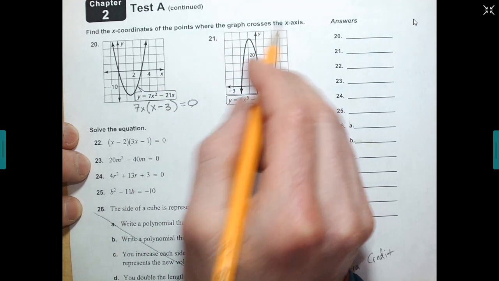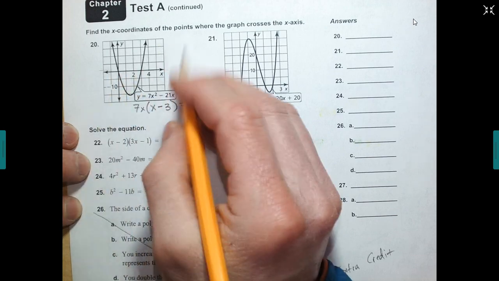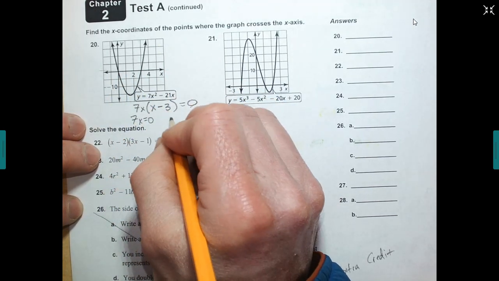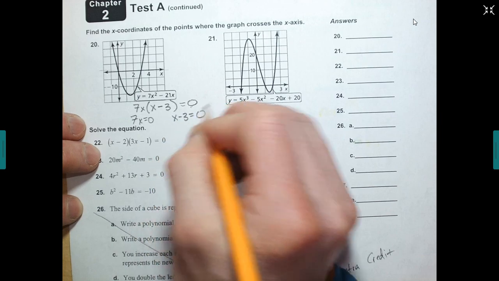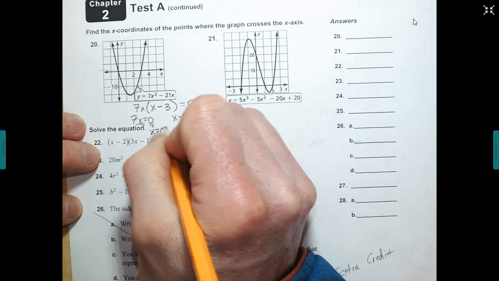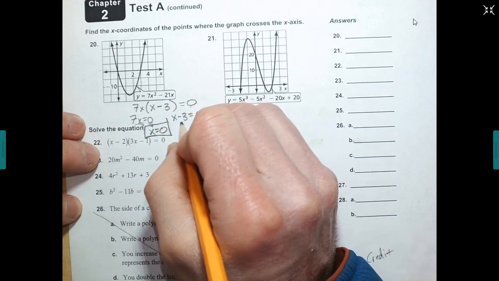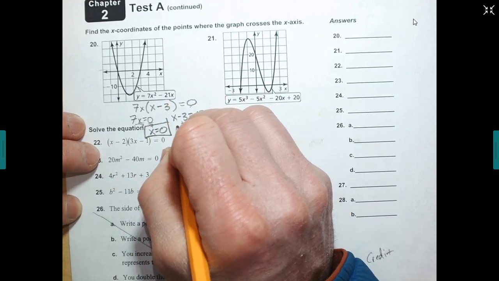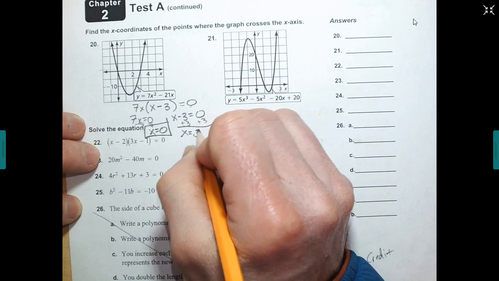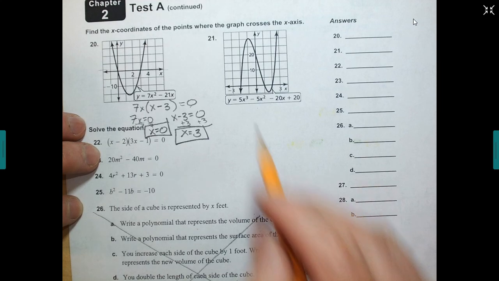Where it crosses the x-axis, that's where it's 0. So I have 7x equals 0, and then I have x minus 3 equals 0. Divide by 7, so I have x equals 0. And then I have x equals 3. Oh, shoot. I was supposed to do this one.